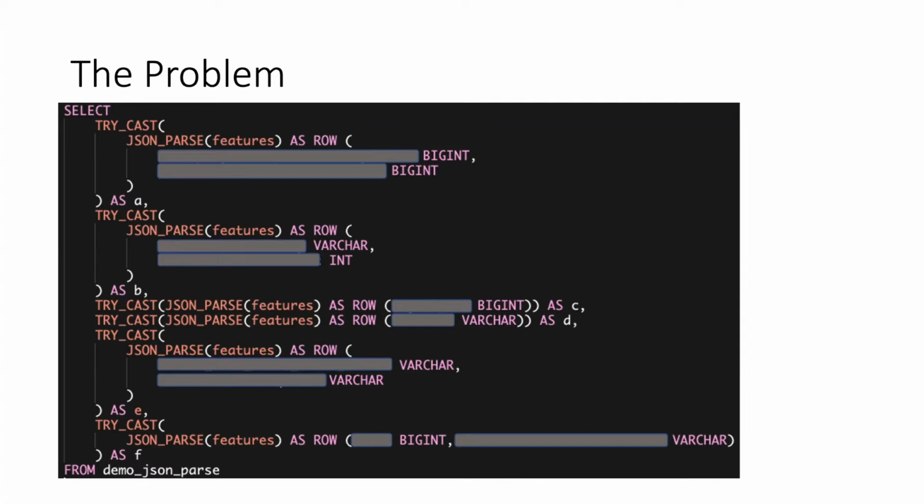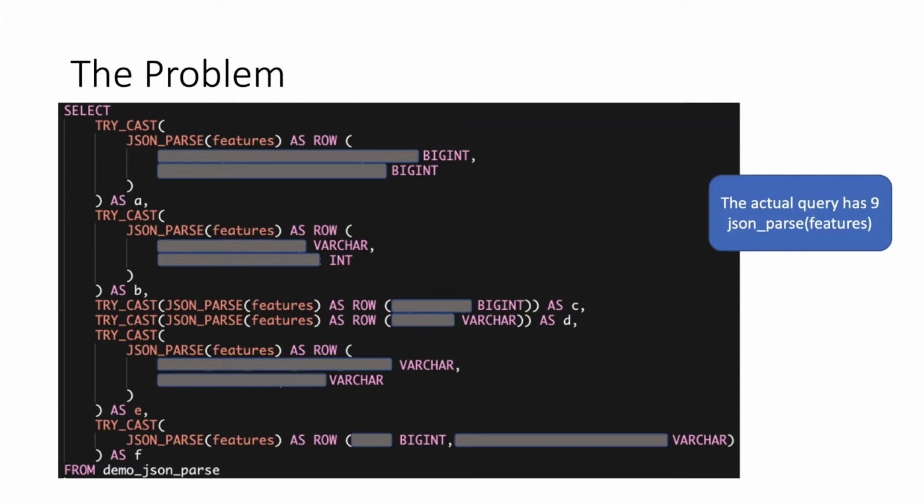This is a small part of a real query that I masked a lot of the names in. The actual query has 9 JSON parts. The whole query is probably 100 lines or so, with complex manipulation after that, but those are all quite efficient.